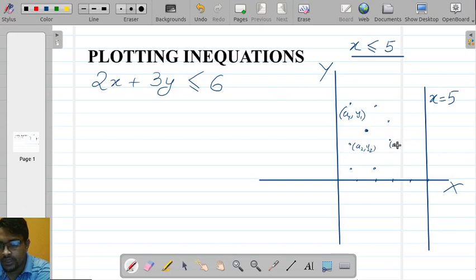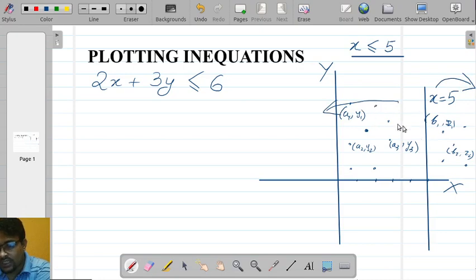For this one it is, suppose, a3, y3. Okay, and I choose some points here, say this is b1, z1, b2, z2, like that. So what is the difference between the points chosen on this side of the line and on that side of the line?